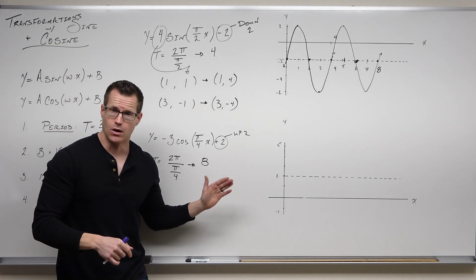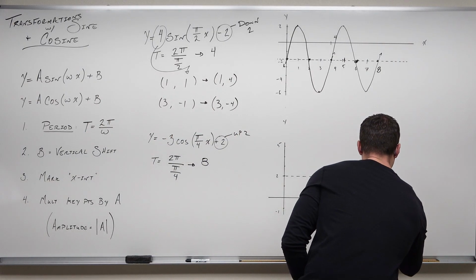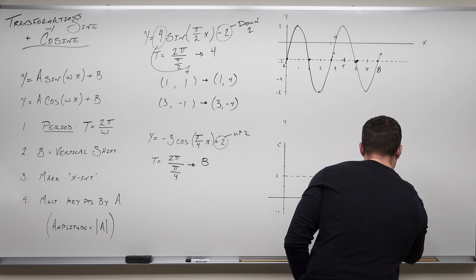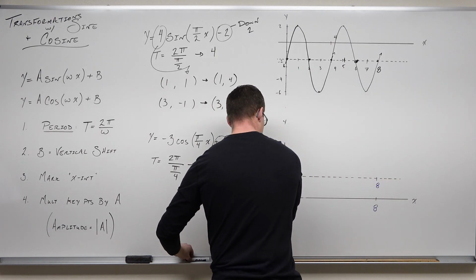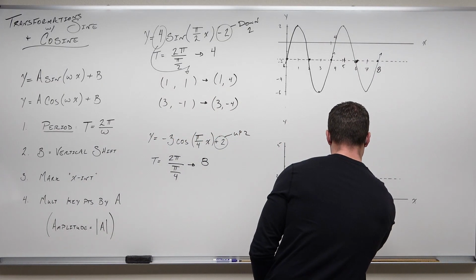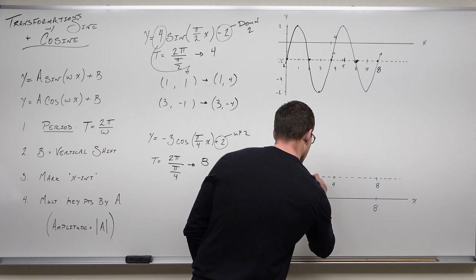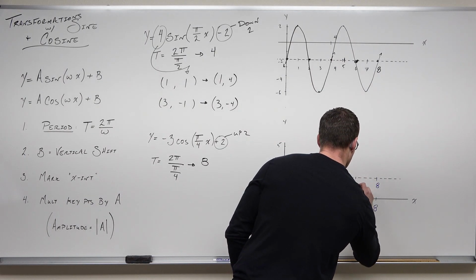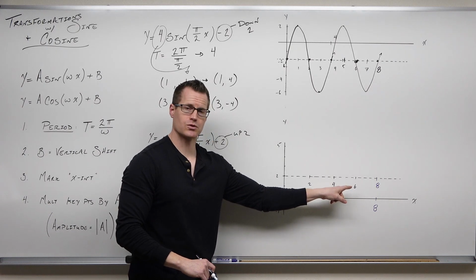Put our period of 8 on our x-axis and the shifted version. Now cut it in half. Cut it in half again, that's our first quarter. Add these two, that's your third quarter.